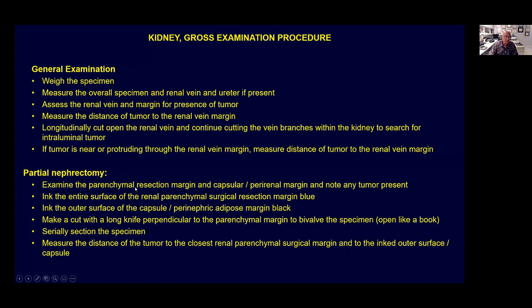In the case of partial nephrectomies, it's important to examine the parenchymal resection of the specimen. Many times the tumor appears to be at the margin, and that is an important consideration for residual tumor that the patient may present.